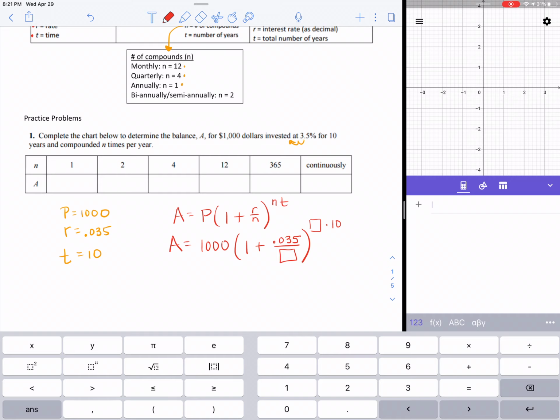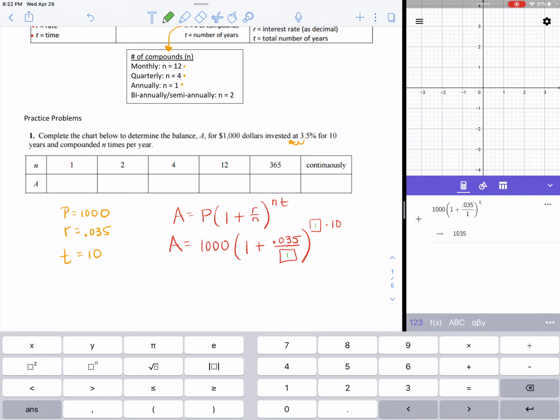So for the first box, they want us to do it for when it's compounded once per year. So I'll put in the calculator 1,000 times 1 plus 0.035 divided by 1, which I don't even have to put, but I'm just going to do it to be consistent.